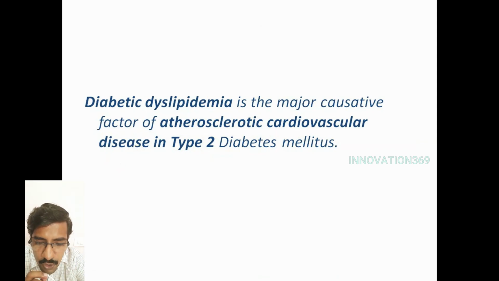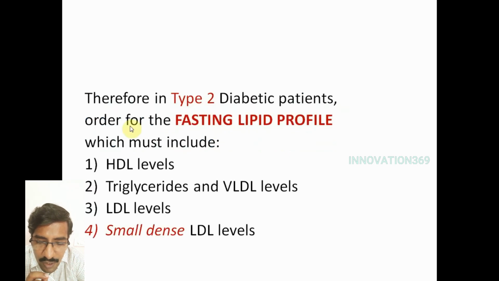So whenever you come across a type 2 diabetic patient, you order a fasting lipid profile, which must include HDL levels, triglyceride levels, very low density lipoprotein levels, low density lipoprotein levels, and also most importantly small dense LDL levels. The small dense LDL levels are the main reason for the formation of atherosclerosis and the reason for the cardiovascular disease in these patients.